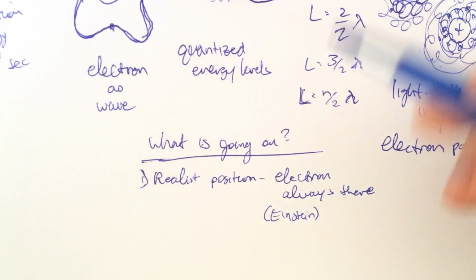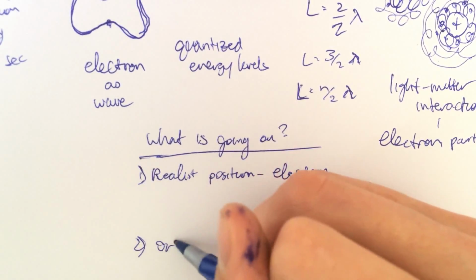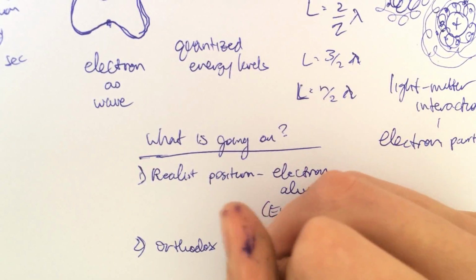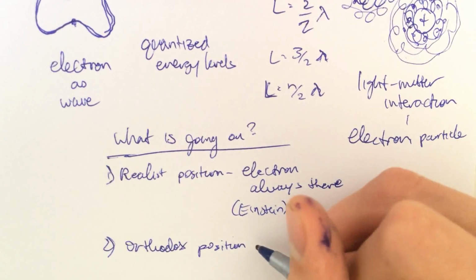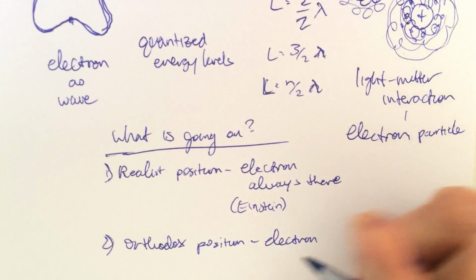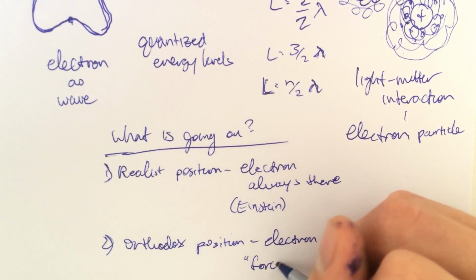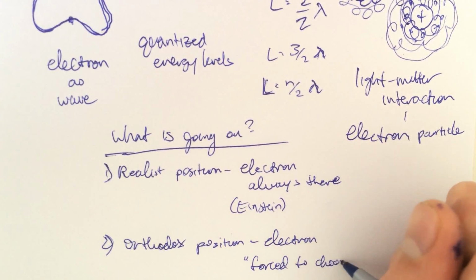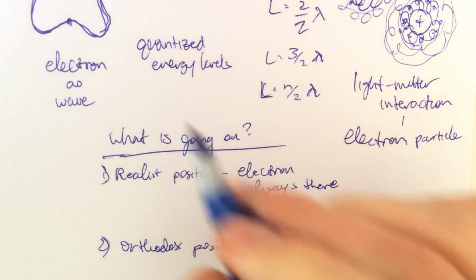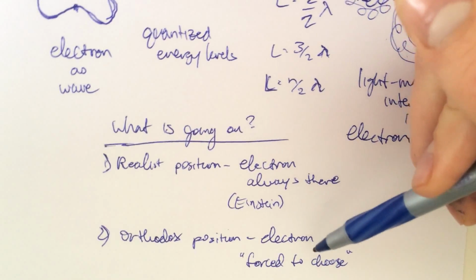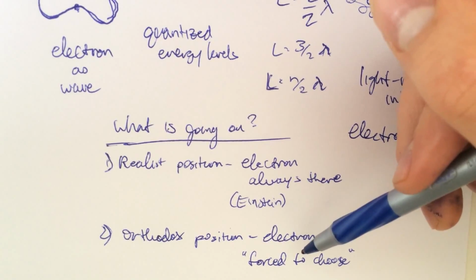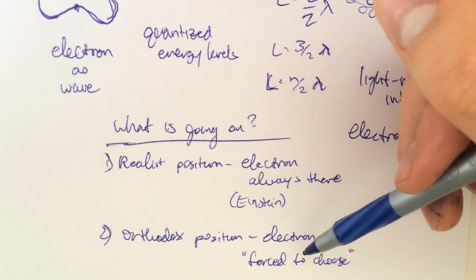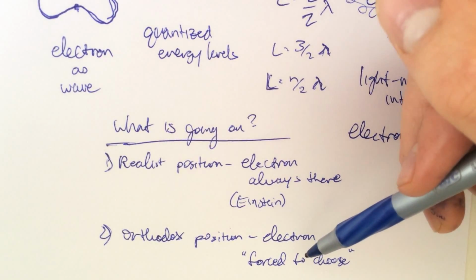It's not just probability. The orthodox position, which is more widely accepted and seems to make more sense to more people, is where the electron was nowhere, or in essence it was a wave distributed evenly around, and then was forced to choose one of those possible locations when light is shone onto it.